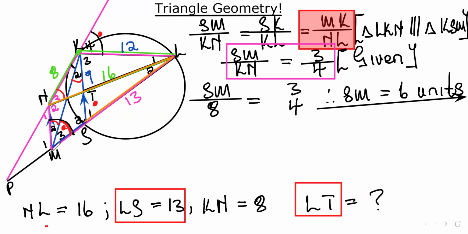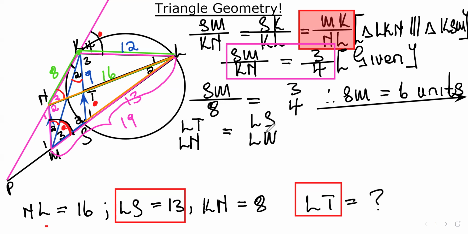So now we take this 6, add it to the 13, and we get a length of 19. Now we can state the proportionality theorem and say, if we take LT and divide it by the whole length, this will be the same as when we take LS and divide it by the whole length.